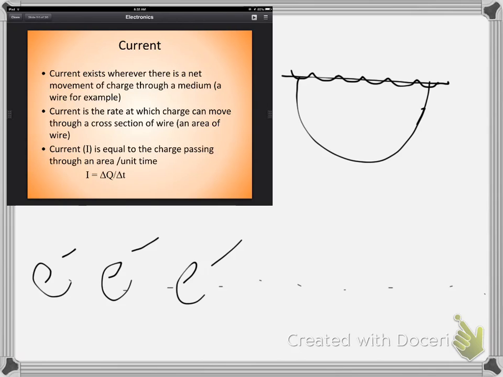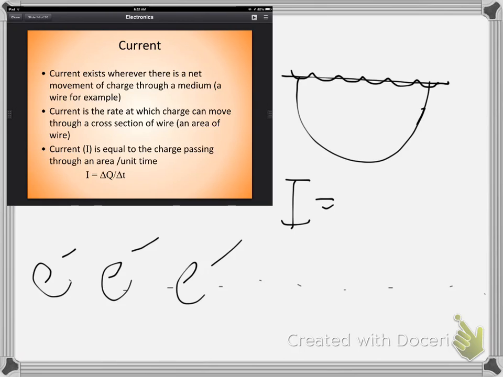In a river system, we typically talk about that in cubic feet per second, CFS. In electronics, we talk about, of course, amps, amperage. So current is the charge passing through any area over a unit of time.